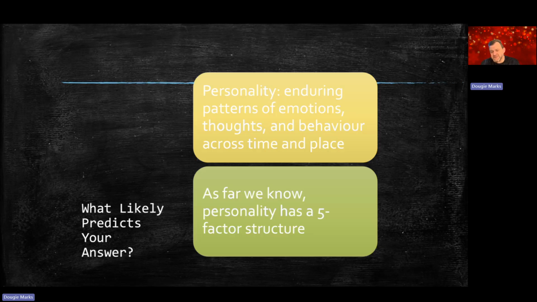Now, what is personality? I've mentioned that a few times up to now. Fairly simple, fairly straightforward. Personality is enduring patterns of emotions, thoughts, and behavior across time and place. So we think back to last week where we had the five-factor model of CBT, where we had the four internal parts of a person. We had their body, and then we had their subjective experience that's internal to them, their emotions and their thoughts.